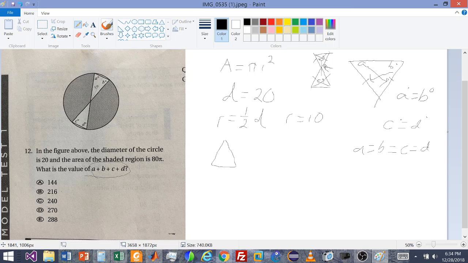So if you have some triangle, E, F, G, even if they're all different, the sum of them, angle E plus angle F plus angle G, all equals 180 degrees.